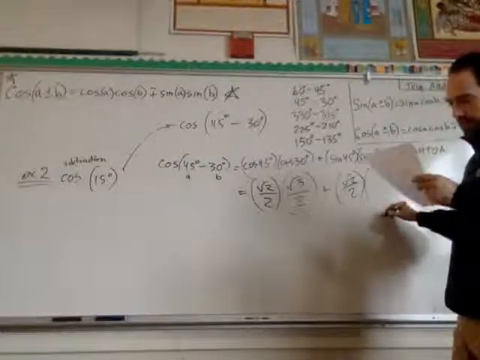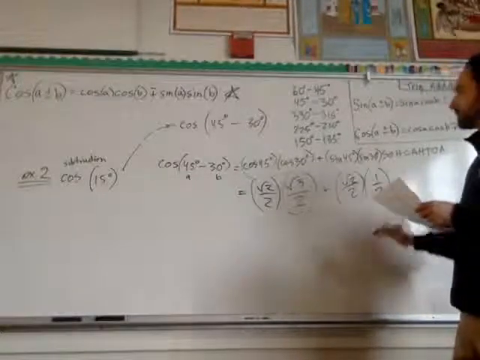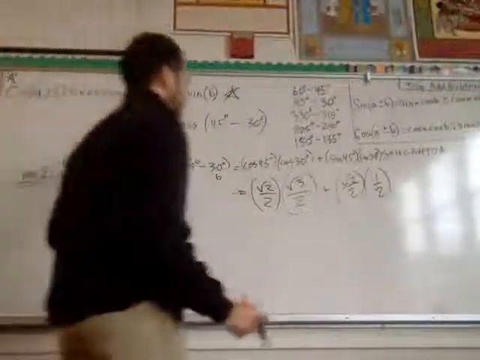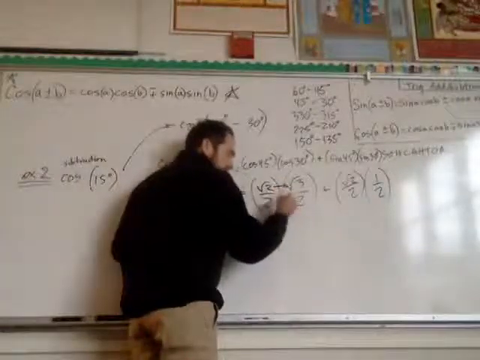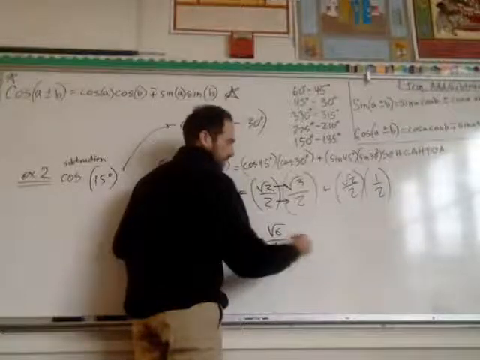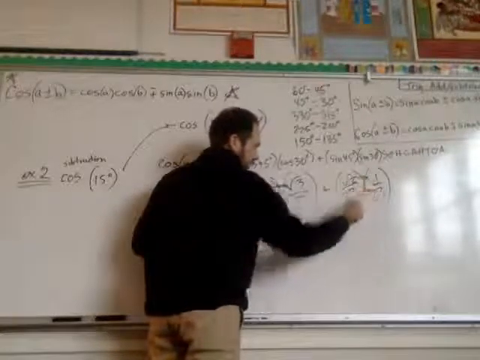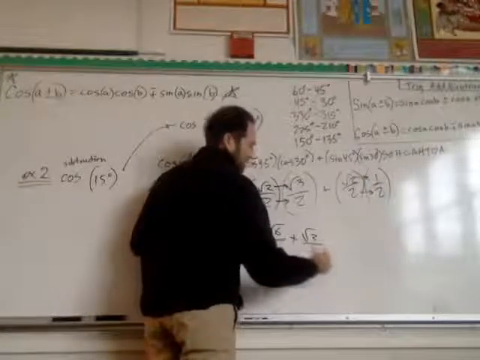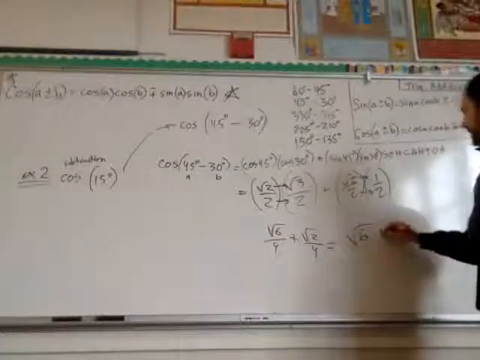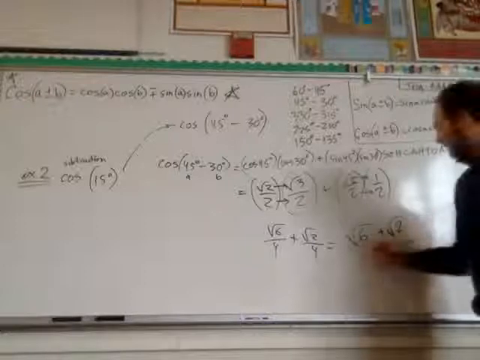Sine of 30, 1/2. No calculators needed. Multiply straight across. Root 6 over 4 plus root 2 over 4. These are all looking the same because, again, it's the same set of angles that we're using every time.